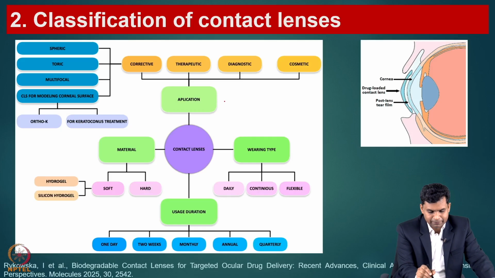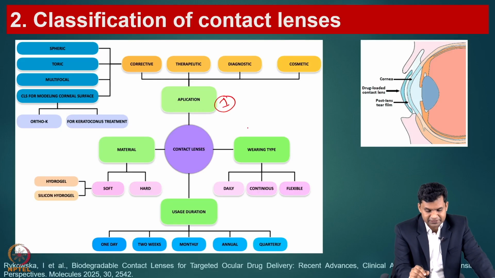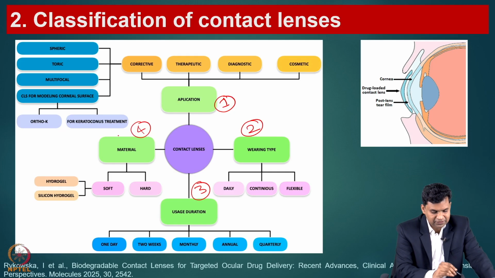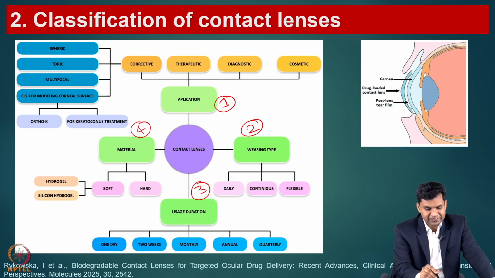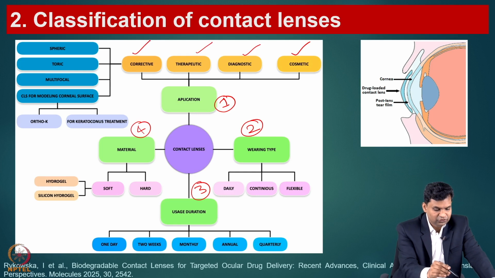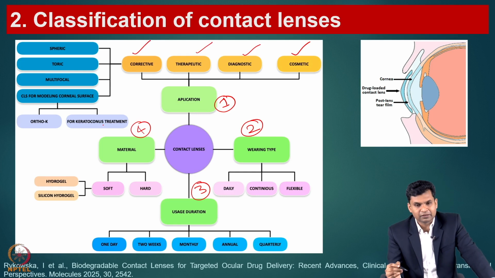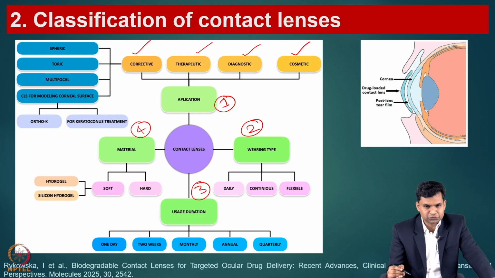One is based on the application, the second is based on the wearing type, the third one is the usage duration, and the fourth one is the material. Here under application: cosmetics, diagnostics, therapeutic and corrective, so for various treatments we can use it.